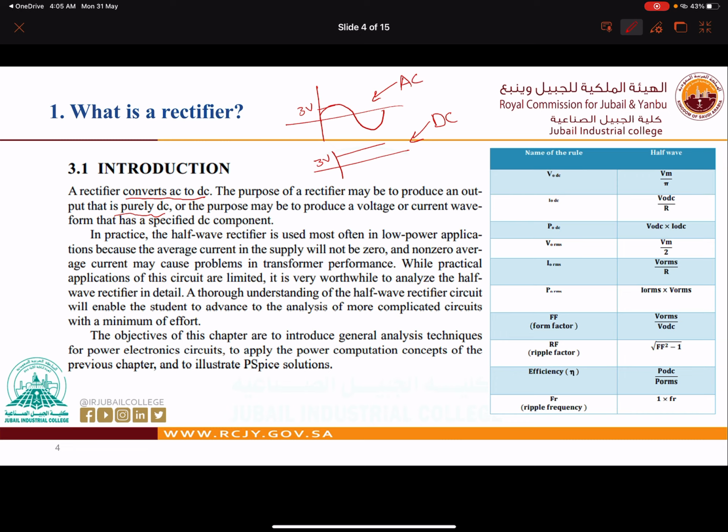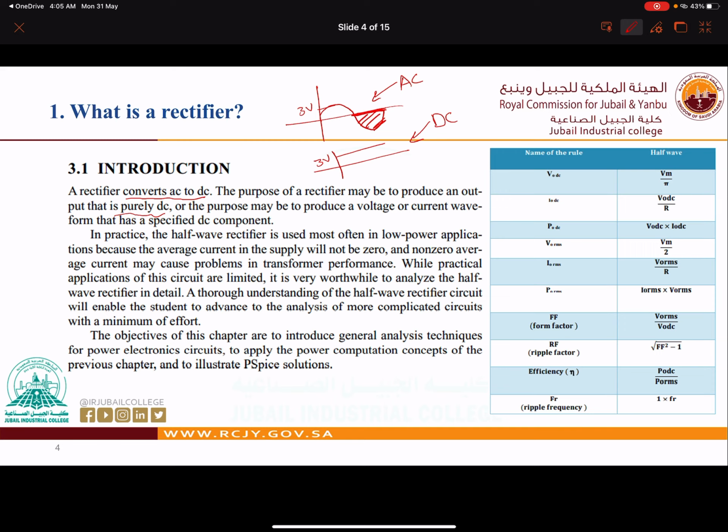Now in half wave rectifiers, you will see the output is changing and trying to get rid of the negative portion of the AC, and it will be zero like this. I will explain why it is zero. It is trying to convert the signal into DC, but of course it is not a pure DC.